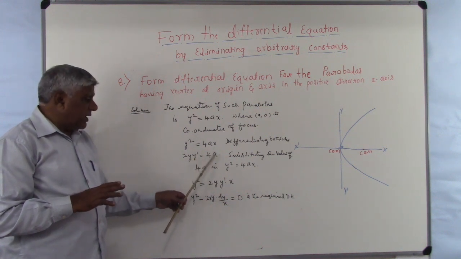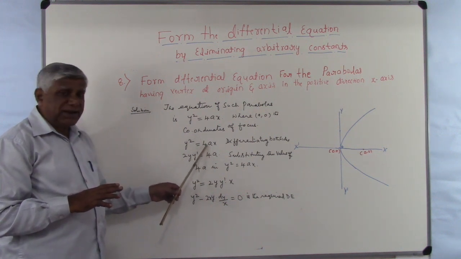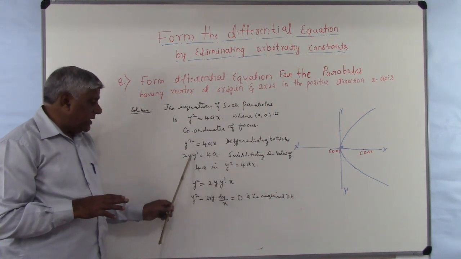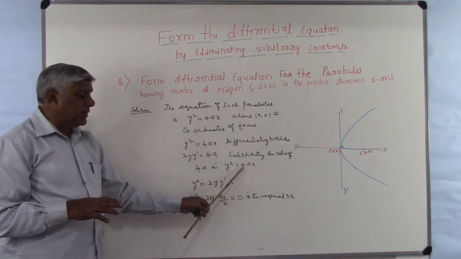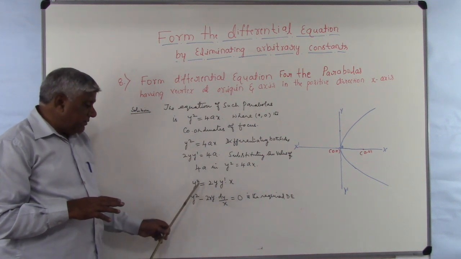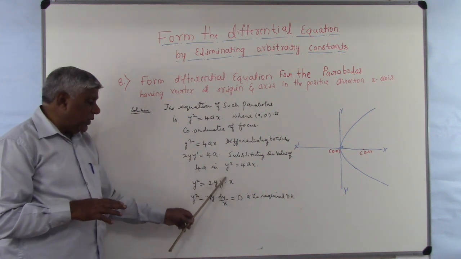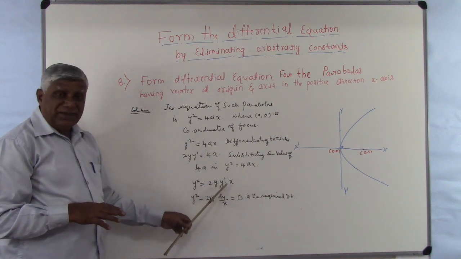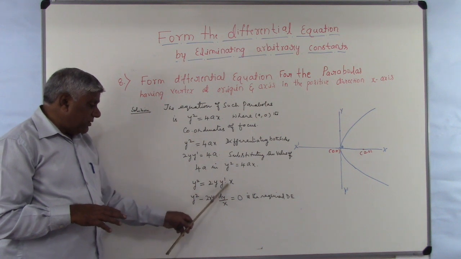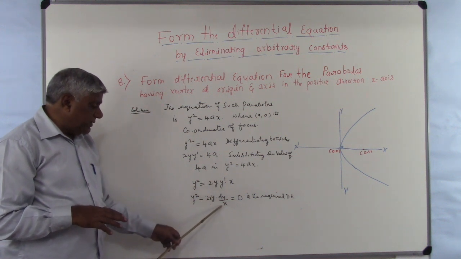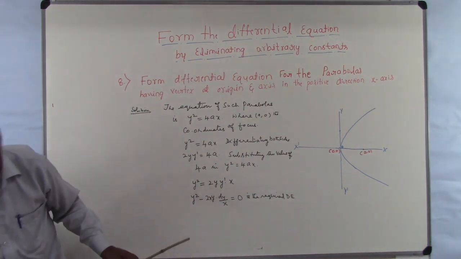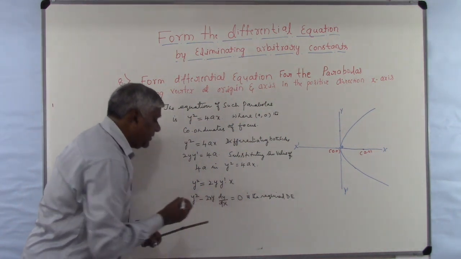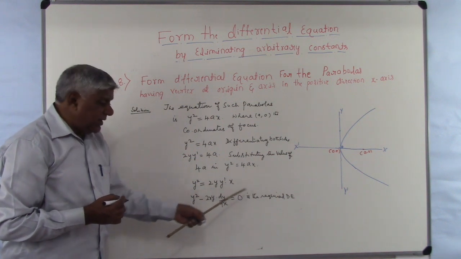We substitute the value of 4a in the original equation. Substituting the value of 4a in y square is equal to 4ax, we get y square is equal to 2y dash into x, because 4a is 2y dash. Hence y square minus 2xy dy by dx is equal to 0 is the required differential equation.